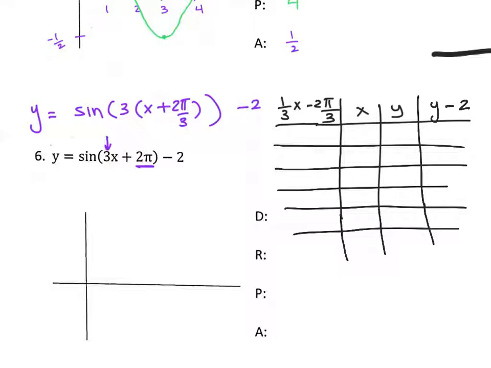Okay, so I'm going to start with the parent table. I'm subtracting 2 from the y, so it becomes -2, -1, -2, -3, and -2. Now remember, you have to multiply the x by 1/3 and then subtract 2 pi over 3.